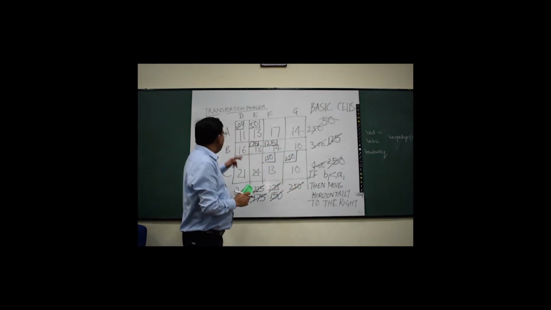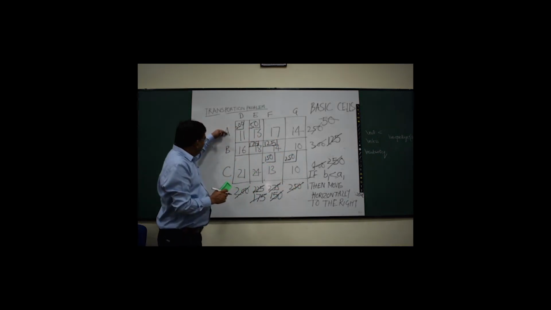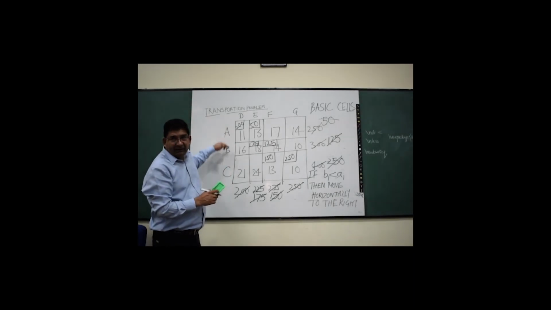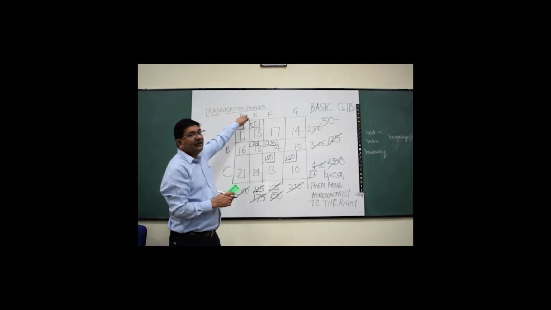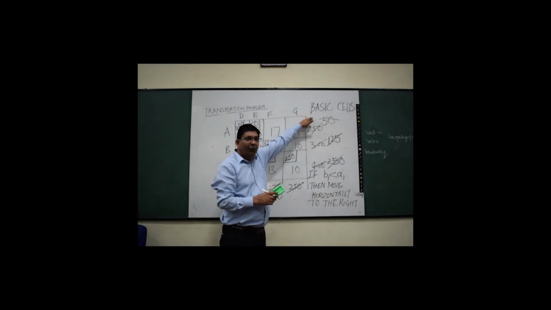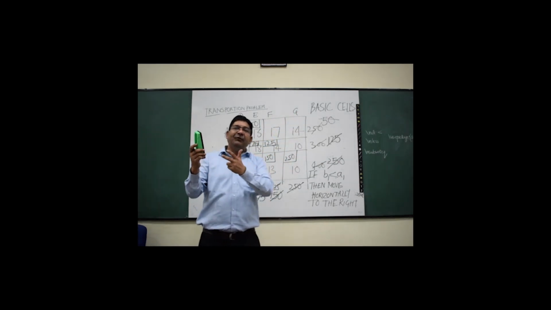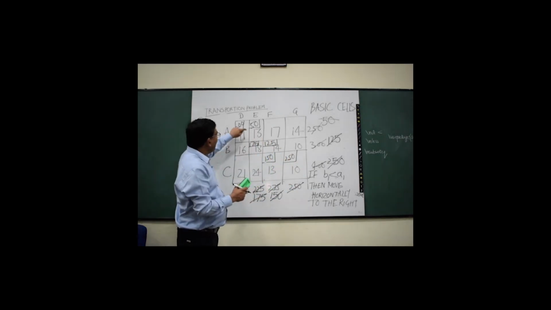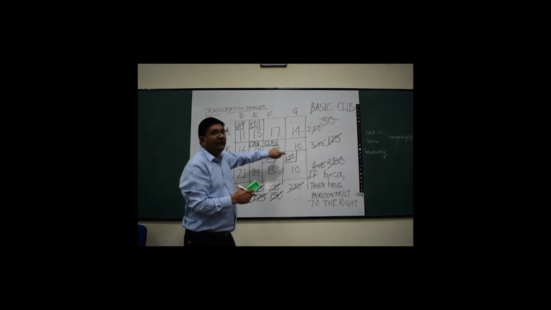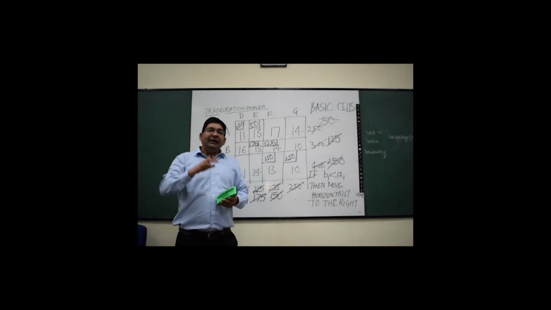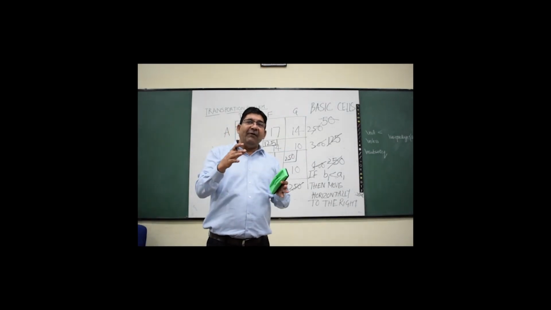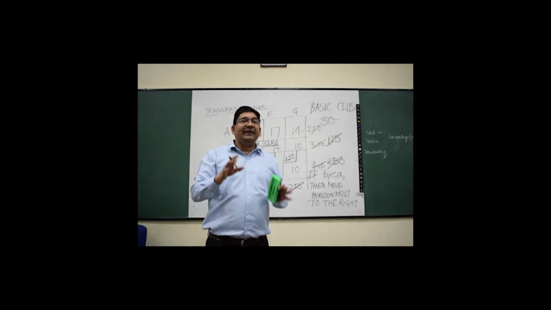Here the number of sources, m, is 3. The number of destinations is 4, n is equal to 4. 3 plus 4 minus 1 is 6. The number of basic cells: 1, 2, 3, 4, 5, 6. So in the initial basic feasible solution we have got 6 basic cells.